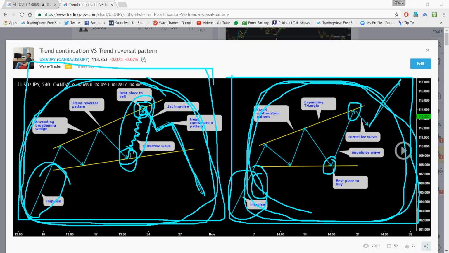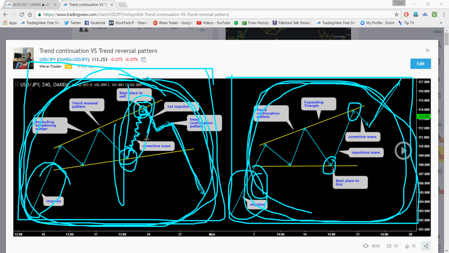This is not a wave pattern. This is a classic chart pattern, and Elliott does not identify this pattern. The formation looks the same for both patterns, like both are expanding triangles, but they behave differently.